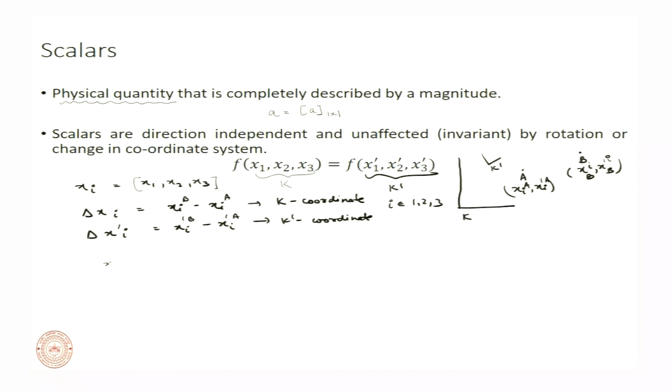So, we can write x_i prime is equal to alpha_ik, that is our rotation matrix, times x_k, plus some x naught of i. What is alpha_ik? This is our rotation matrix, a matrix of constants, and this is our displacement.